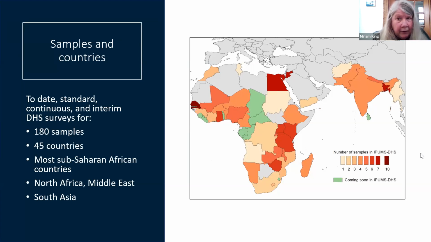By the end of this summer, we expect to have included all of the currently publicly available standard surveys for those areas, and then start moving on to other regions such as Latin America, Eastern Europe, Oceania, and East Asia. And of course, as new data are released, adding those in as well.